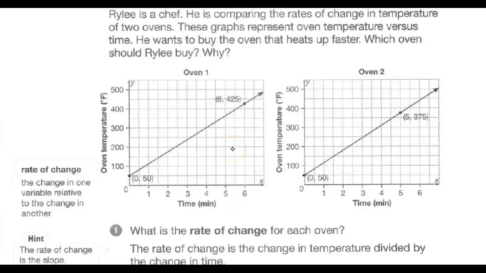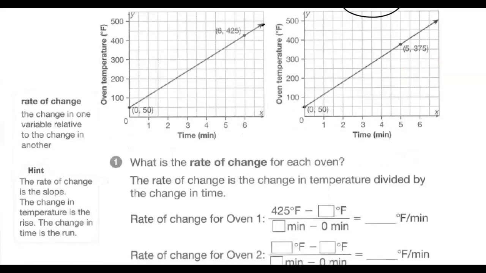And the scale is the same. If it wasn't the same, you couldn't compare it. But look here, where this ends up at 8 minutes is lower than it is over here. So after 8 minutes, this is going to be at a higher temperature. And it's a straight line. So I'm going to say it's oven 2, but we're actually going to do the calculations to check.